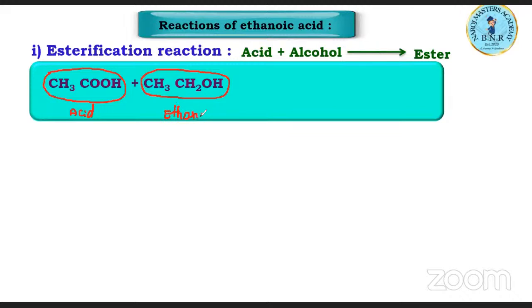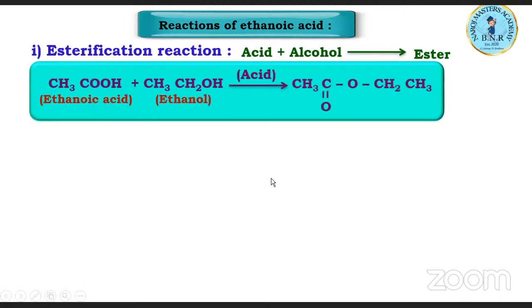This ethanoic acid is reacting with alcohol. So when an acid reacts with an alcohol, it gives an ester. Can you define what is an ester? Acid reacts with alcohol, it gives rise to an ester.